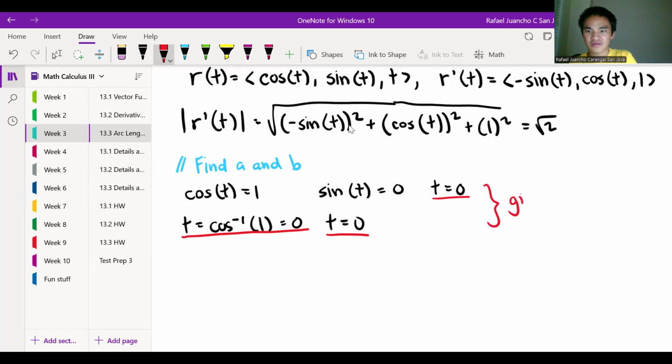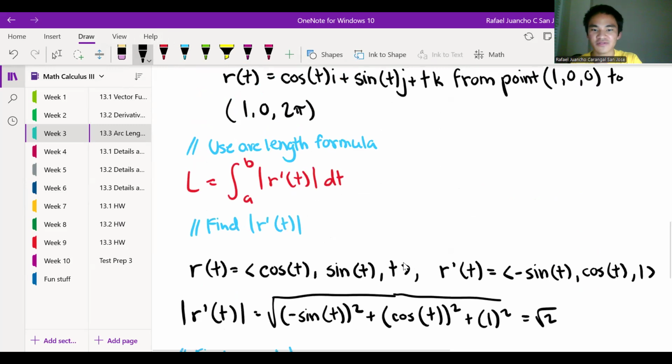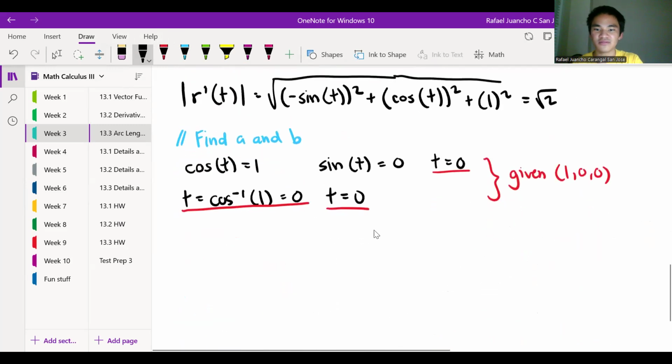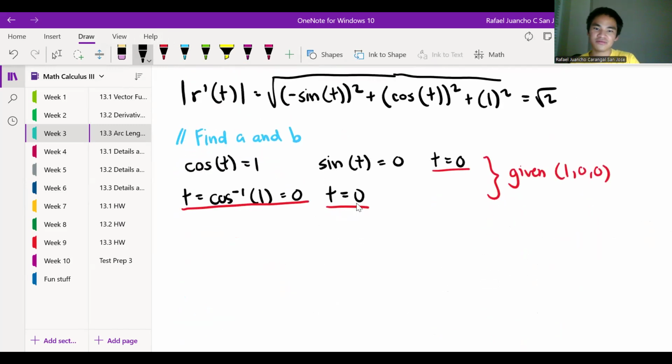This is given 1, 0, 0. And then now I look at the next point, and I again use my vector function to find my a. So my a is actually 0. So here, I'm saying my a is equal to 0.